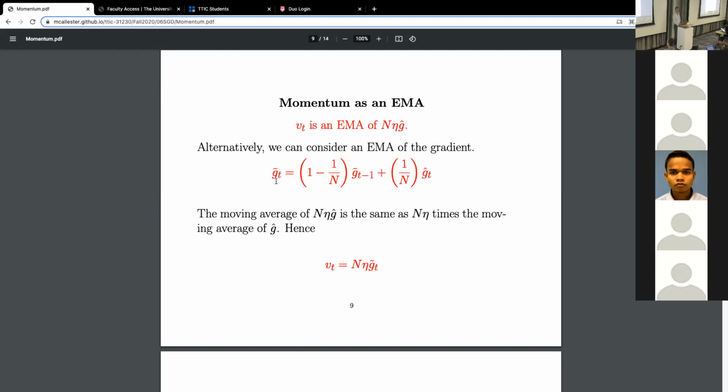So let's just think about what we would do, which to me is a lot more sensible: take a moving average of the gradient. What's the average of the gradient over the last n steps? I'm going to define that to be g tilde. And that's just conceptually clearer. I know exactly what that means. That's an exponential moving average of the gradient.